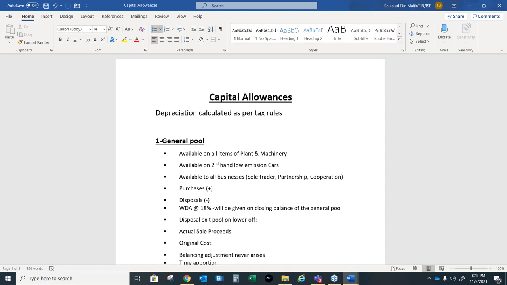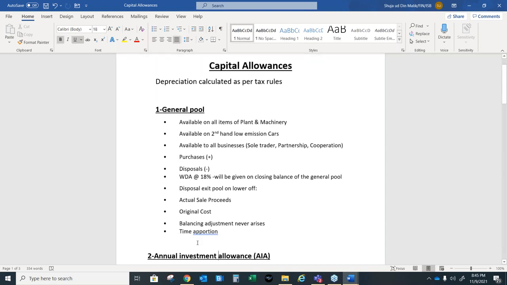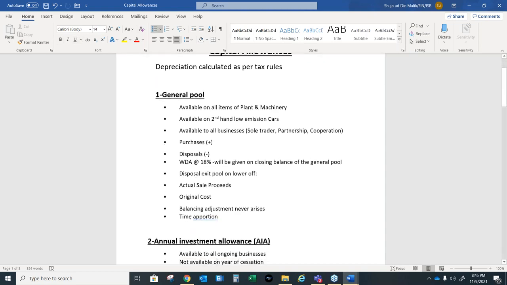If we subtract the higher figure, we end up with a lower balance. If we subtract the lower figure, we end up with a higher balance. So they have tried to facilitate the taxpayer so that they could get the maximum out of it.